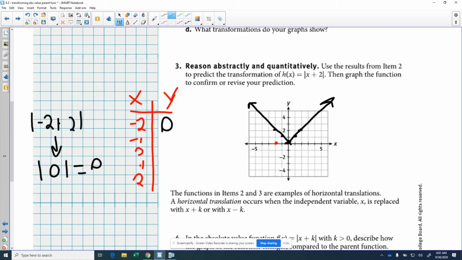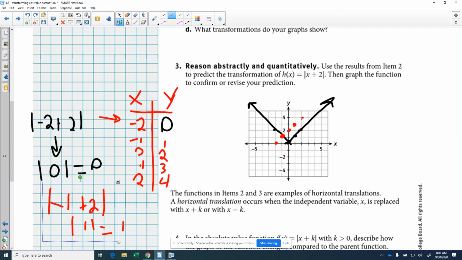Okay, so let's keep going. If I were to plug -1 into this problem, -1 plus 2 comes out to be the absolute value of 1, which equals 1. So at -1, I'd have 1. If I continue this pattern, 2 would give me 0, then 3, then 4.